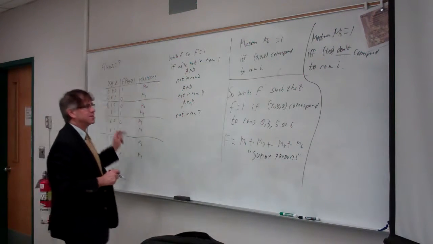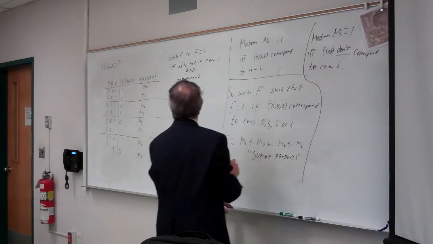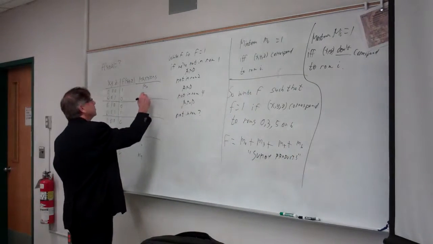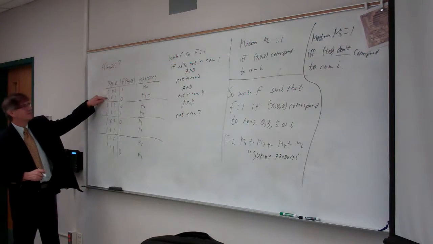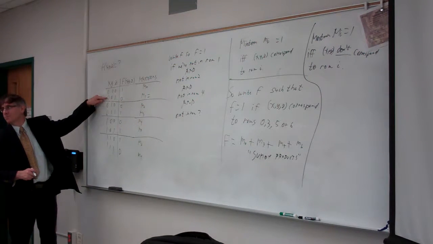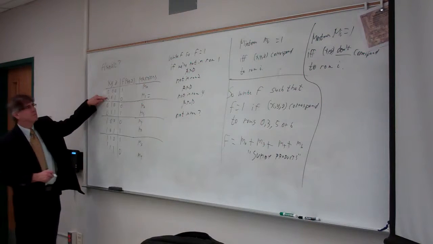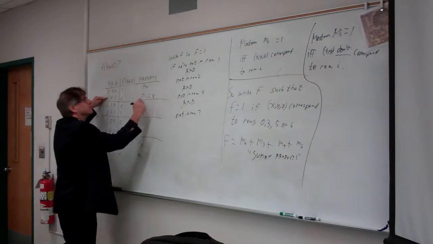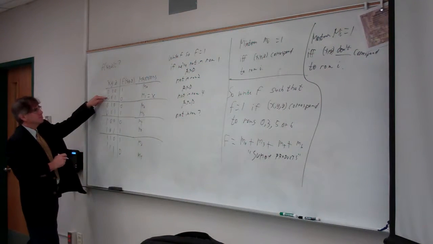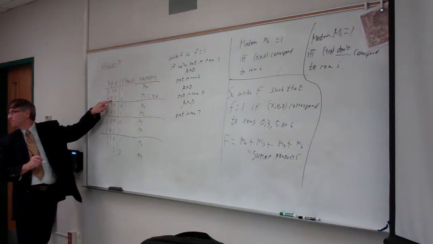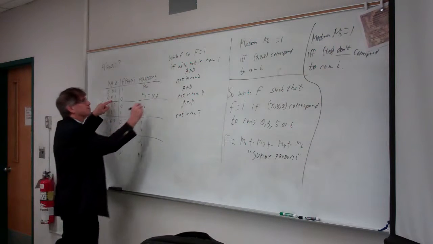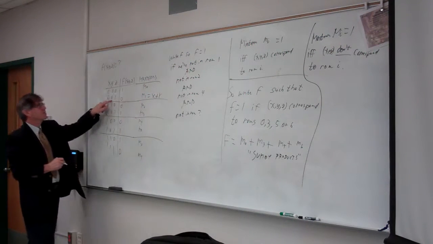So let's say M1, we're going to be in a different row if x is not 0. In other words, if x is true. Or if y is not 0. That'll put us in a different row. So if y is true, we're in a different row.